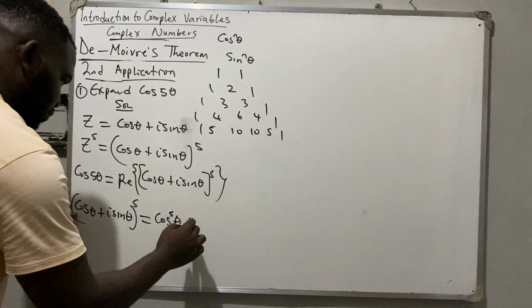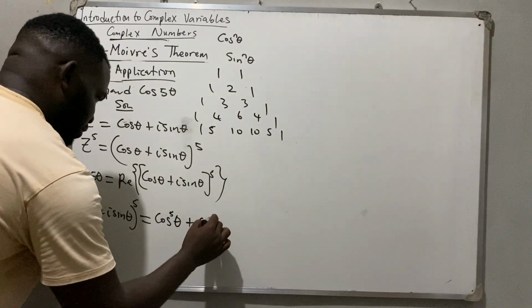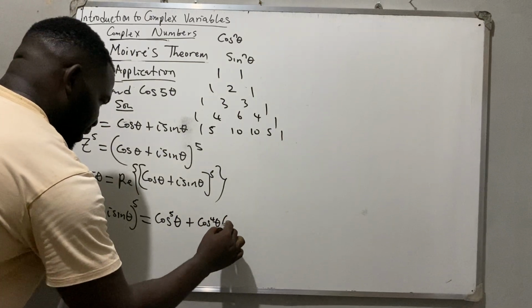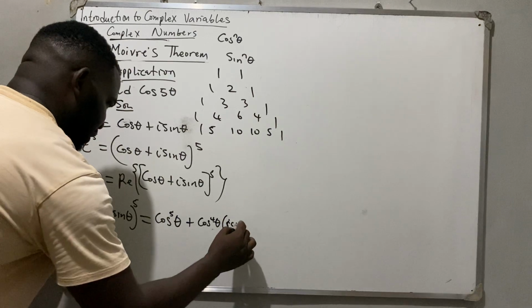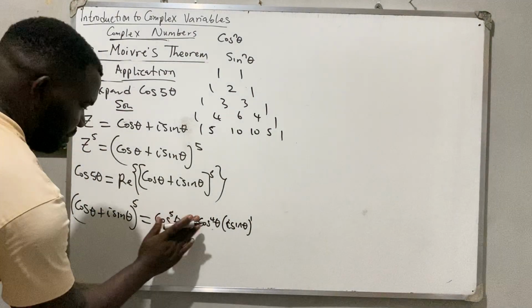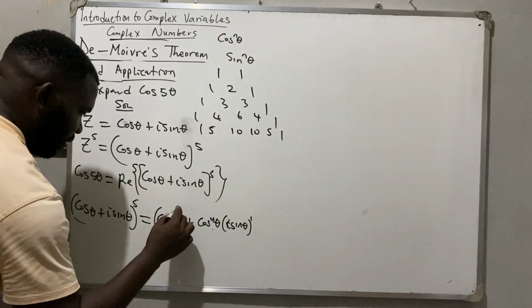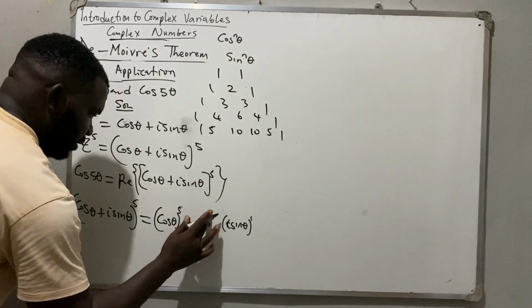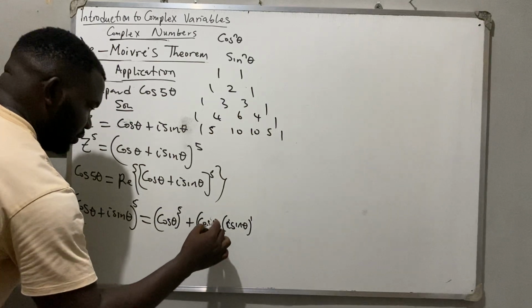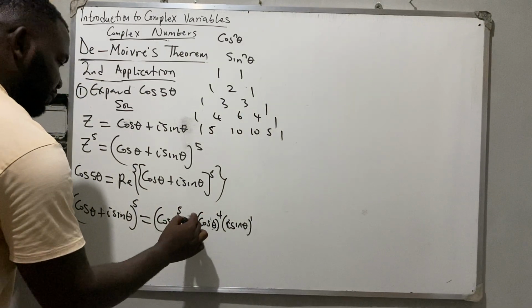Now 5 will give you cos 4 theta, then in bracket i sine theta raised to power 1. Or let me write it this way: cos theta raised to power 5, then cos theta raised to power 4. I think you understand it better like this. Remember, there is 5 at the back, plus 5.